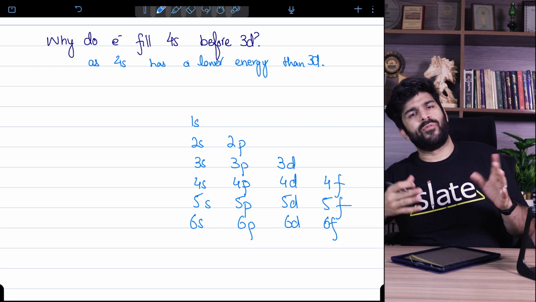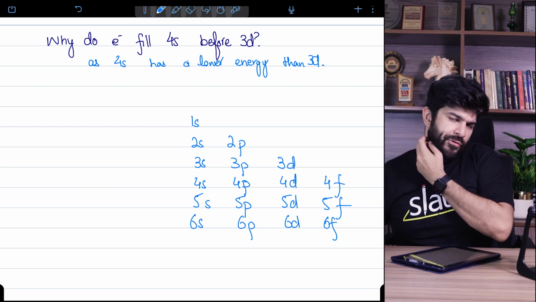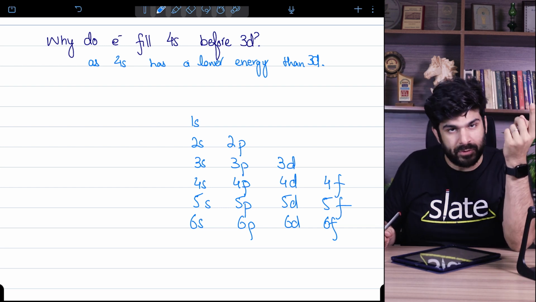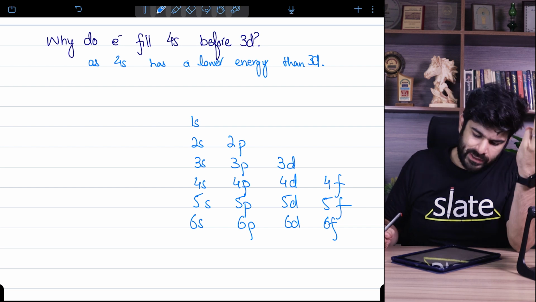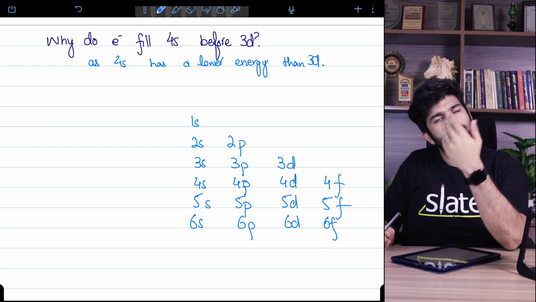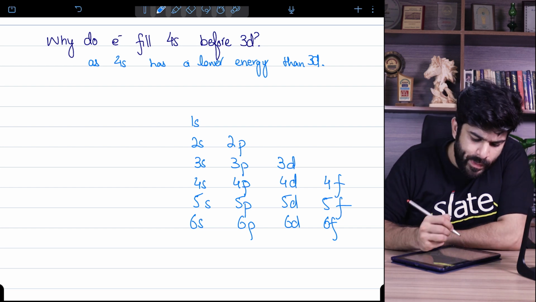So that's what we know. The first shell has only one subshell, the second has 2, the third has 3, and from the fourth they all have 4 subshells. Now how to memorize the order?